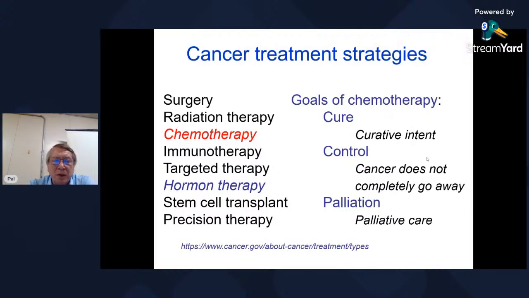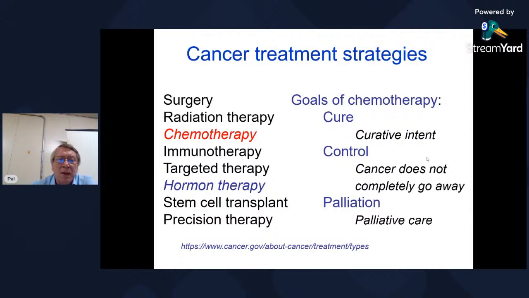The most known therapeutical strategies involve surgery and radiation therapy, followed by chemotherapy, immunotherapy, targeted therapy, hormone therapy, and in some special cases, stem cell transplantation and precision therapy.